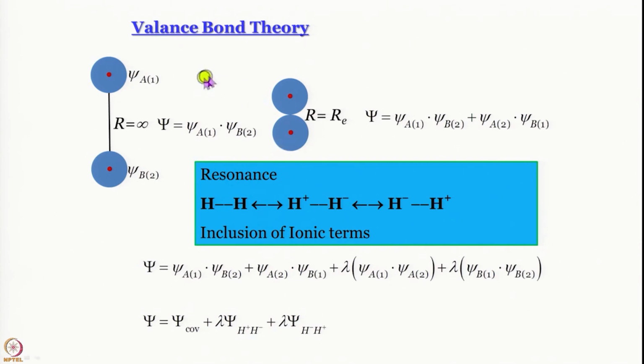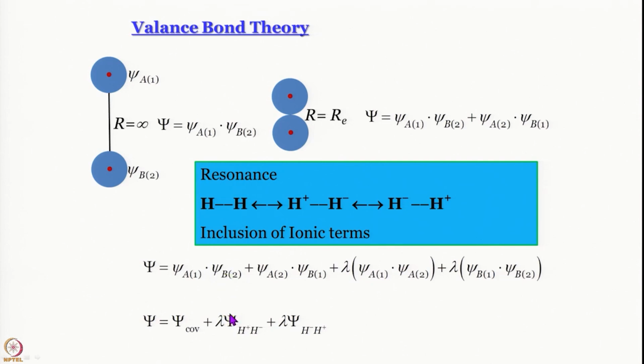Now, we have already discussed valence bond theory, and in valence bond theory what we said is that you do not have to restrict yourself to covalent bond. You can also include ionic terms by considering this kind of resonance and realizing that these ionic terms have to be scaled down.